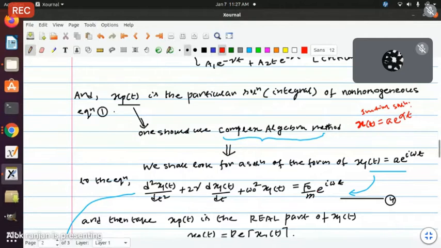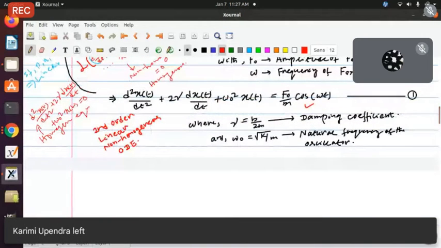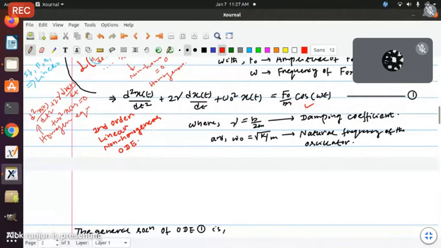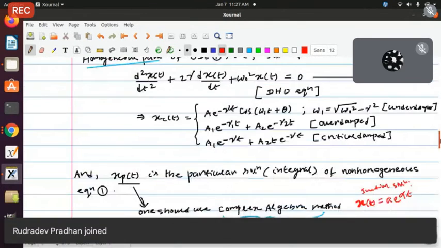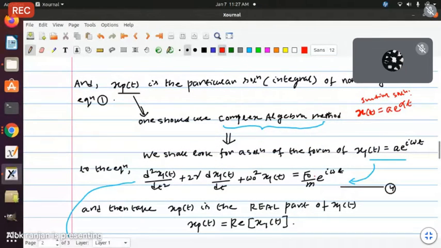So if you look carefully at equation 4 and equation 1, we have F naught over m cosine and the variable is x of t, but here the variable is x1 of t, and the right hand side, instead of cosine, has the exponential function e to the power i omega t. Then you might argue, how do I believe it?